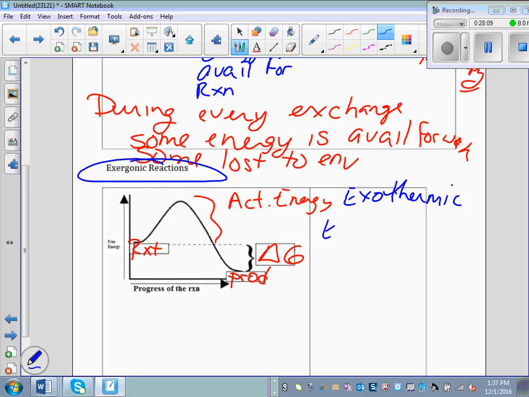So energy is released. What else? I don't want to say bonds form or bonds break because both of these do both. So this is when we go from unstable molecules to stable.